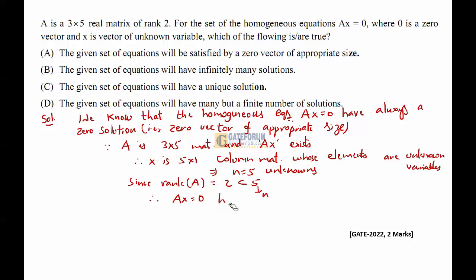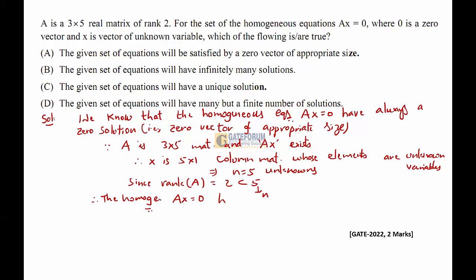Okay. Therefore, when rank A is equal to the number of variables, the equations have the zero solution only. When rank A is less than n, the number of variables, then the homogeneous equations have infinitely many solutions.